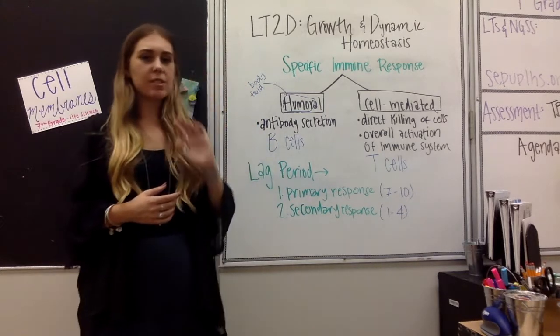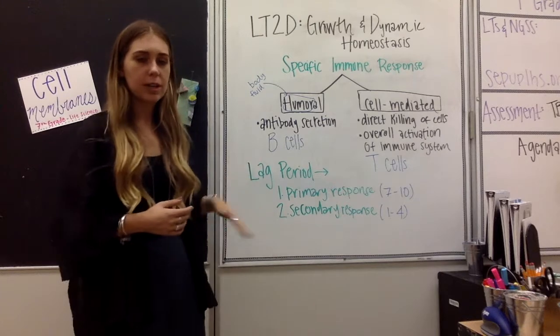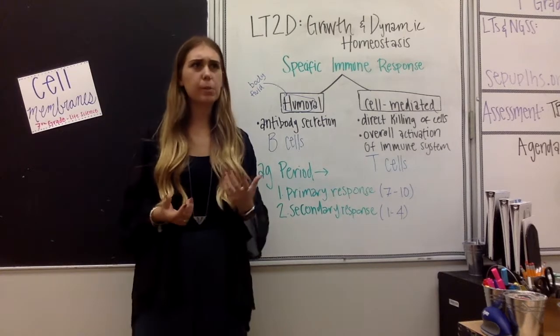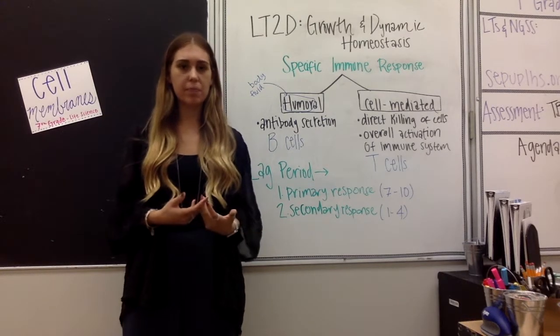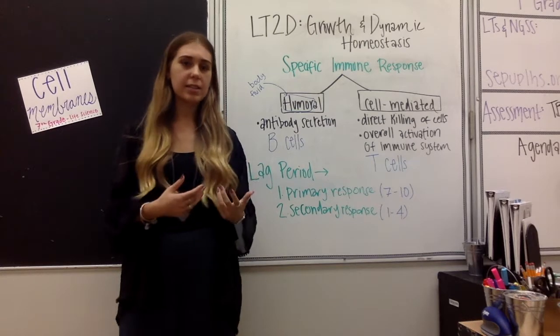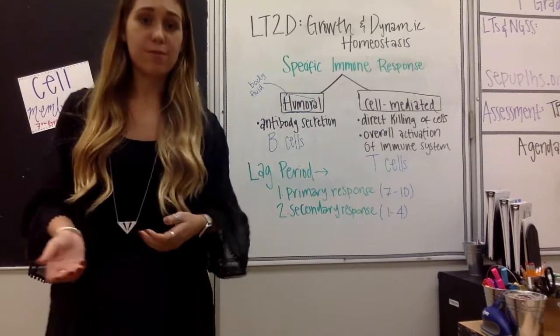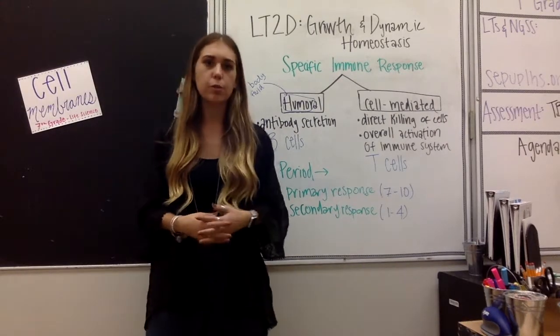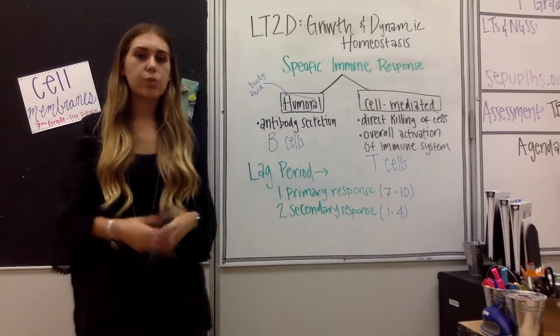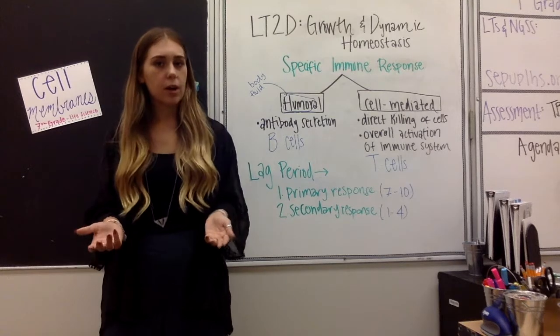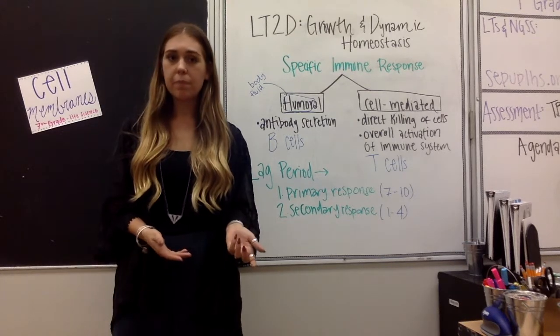Both of these have something that we call a lag period. A lag period is basically the amount of time that our body needs in order to get ready to fight that infection, that exposure to the antigen. So think of it as if our country was going to war.